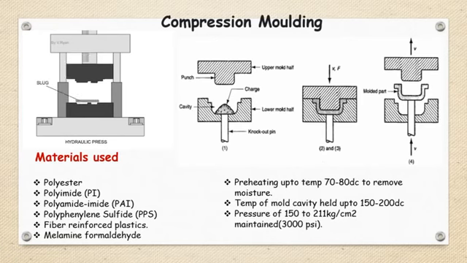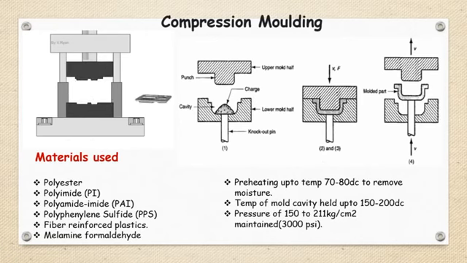The materials which are preferred for compression molding are thermosetting plastic materials such as polyester, polyamide, imide, polystyrene, sulfide, fiber reinforced plastic, and melamine formaldehyde.